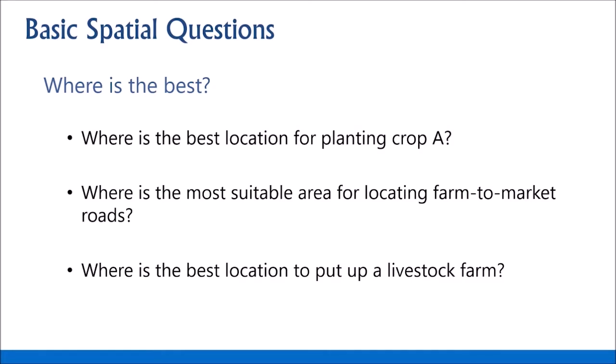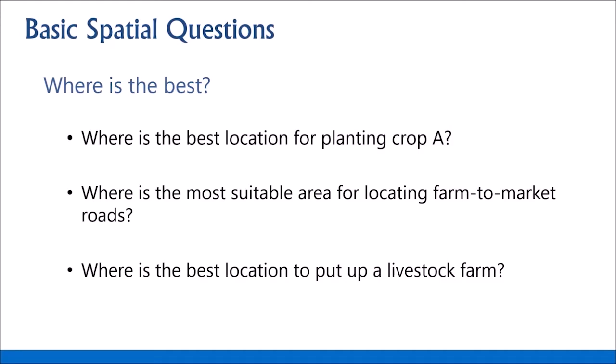So for example, soil type, climate type, proximity to water sources, and slopes. So from those four data sets or layers, you can identify the most suitable areas by combining or overlaying these four layers together.